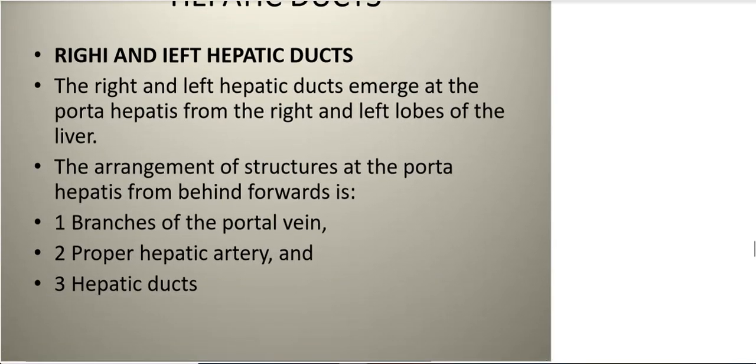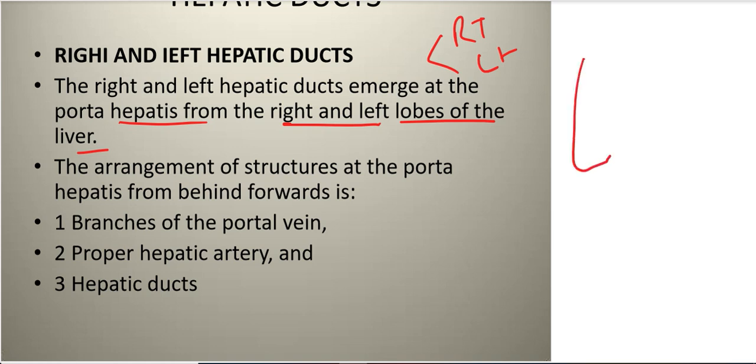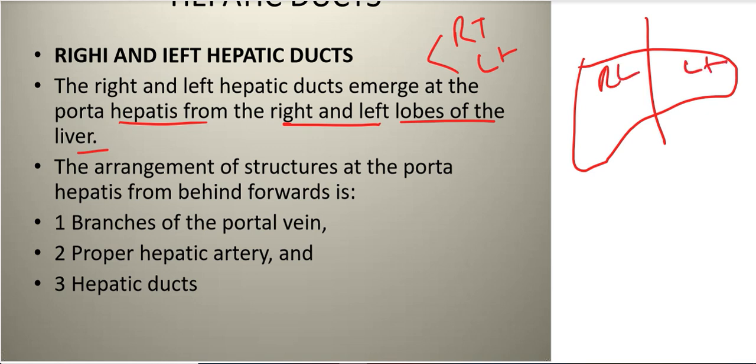Next, hepatic duct. Hepatic ducts are of two types, right and left. The right and left hepatic ducts emerge at the porta hepatis from the right and left lobes of the liver. We have seen that the liver has two lobes, right lobe and left lobe, so each lobe has a duct called the hepatic duct.